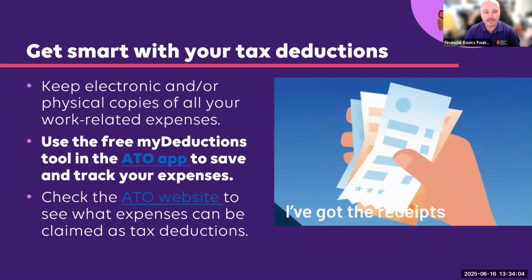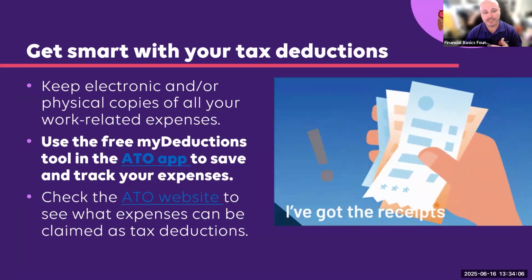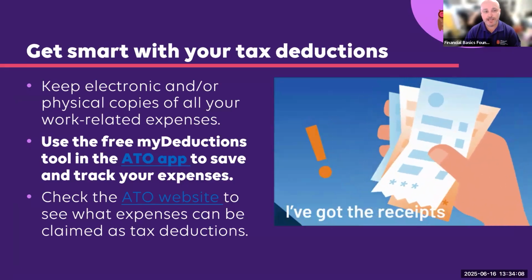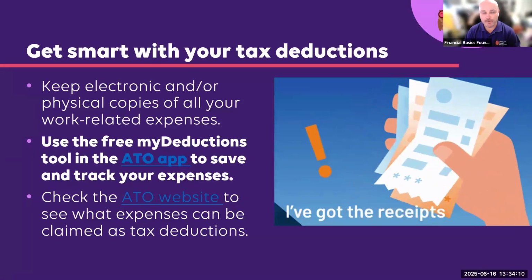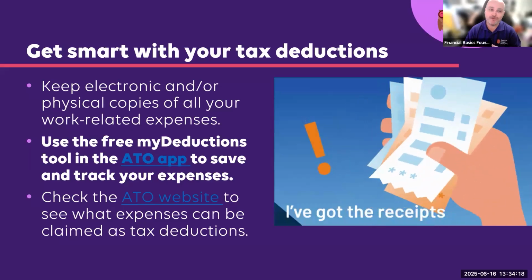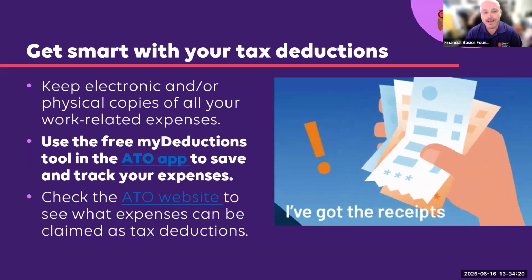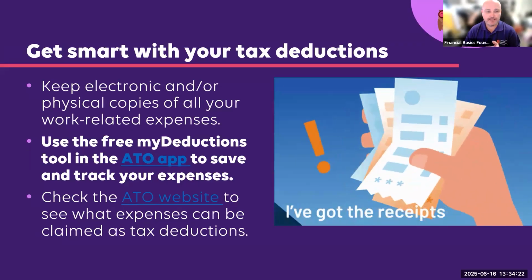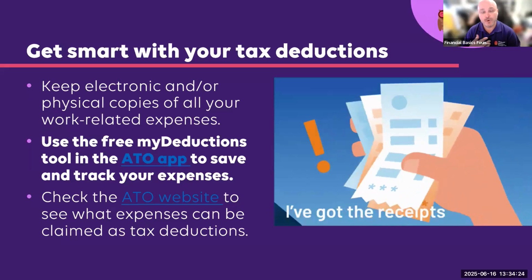There's a couple of ways I can suggest that you can do this. It is really critical, if you are looking to make a deduction claim, that you keep a record of all of those copies, digital or physical or both, of all of those work-related expenses. And generally, it pays to keep track of more rather than less.